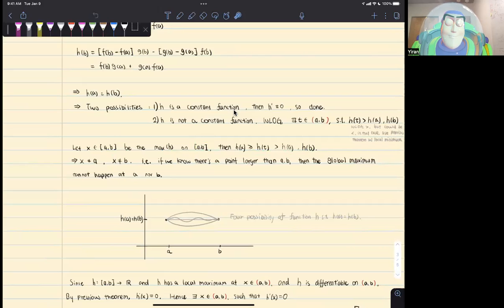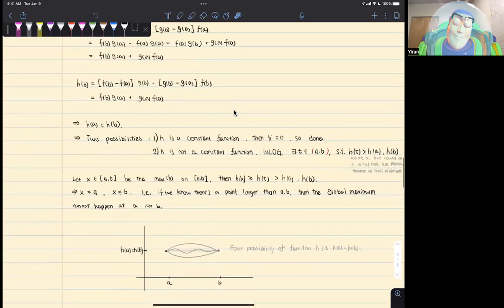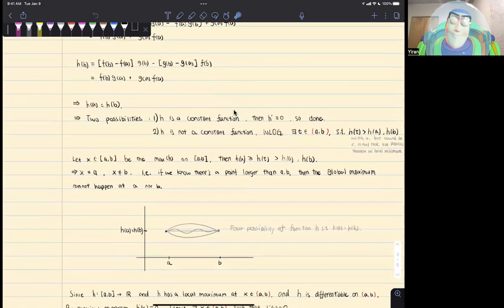Thinking this way, we have shown that h(a) is equal to h(b). And in this specific case, without loss of generality, we assume there is this point t such that h(t) is strictly larger than h(a) or h(b).